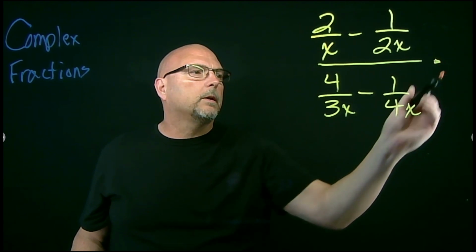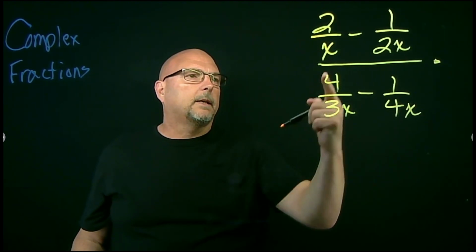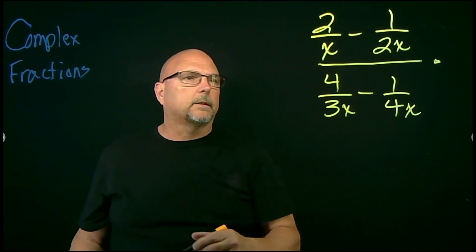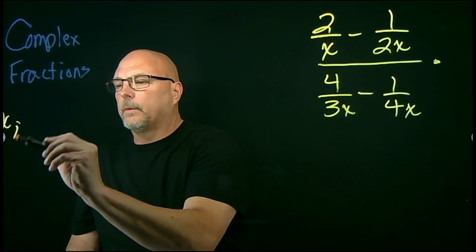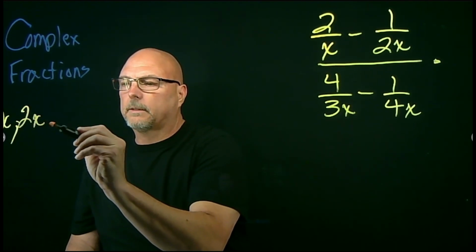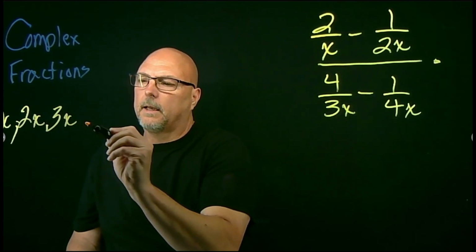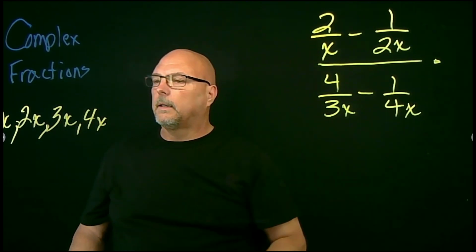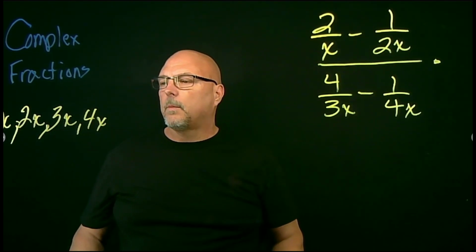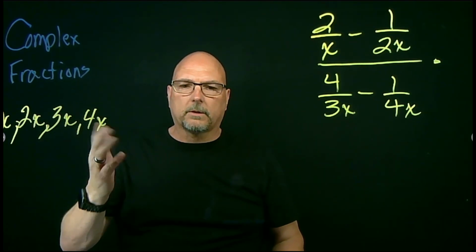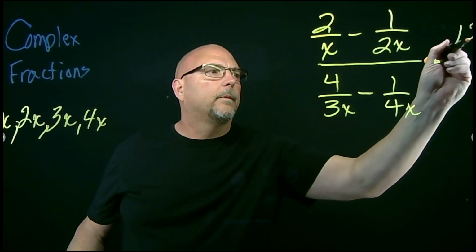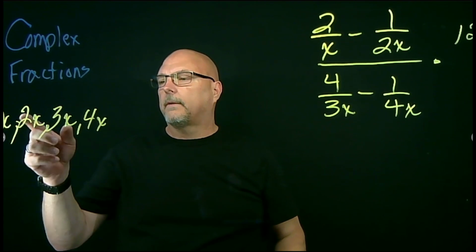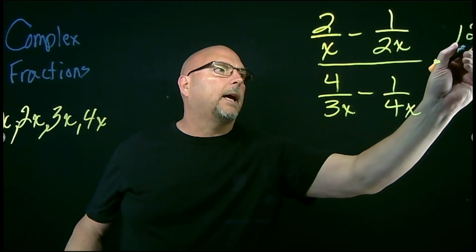So I'm going to multiply. Let's see, I have x, 2x, 3x, and 4x. I'm going to list those out. X, 2x, 3x, and 4x. So the least common multiple of 2 and 3 and 4, that's 12. And the least common multiple of x, that's just x.